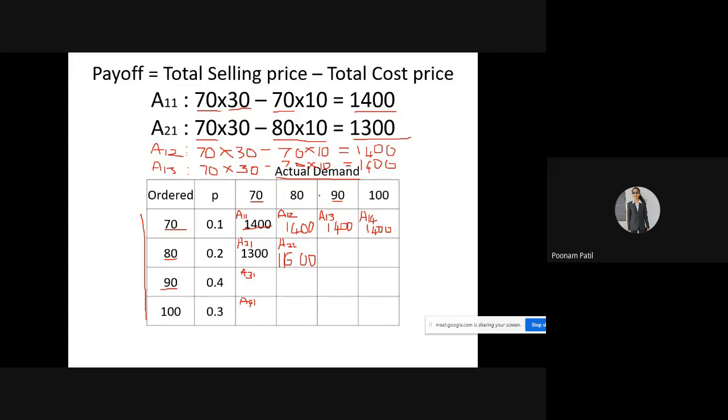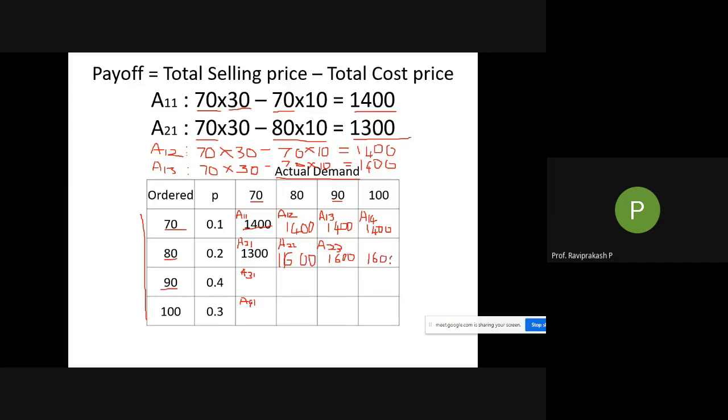Yes, perfect. So it is 1600. Can you tell me here A23? Same, sir, 1600. Why? Because the demand is increasing, but whatever I'm ordering, the supply, is the same. So again, here also it is 1600 only.